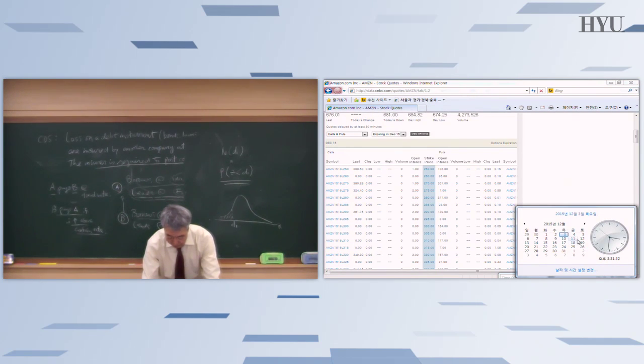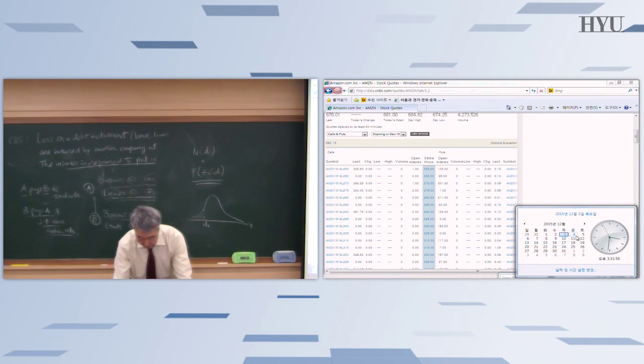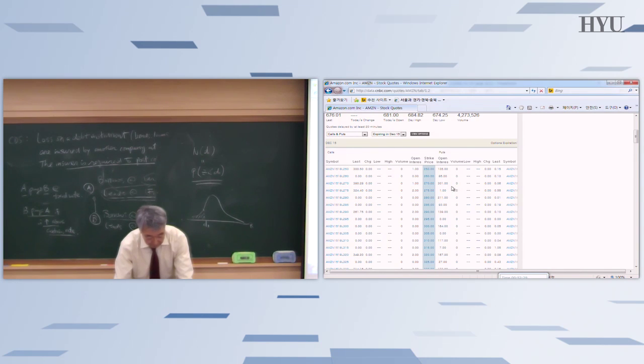The expiration date for the December 2015 option is December 19, right? That's the Saturday following the third Friday. And for January, the expiration day is 16, right? That's the Saturday following the third Friday. Make sure you count the days, okay?